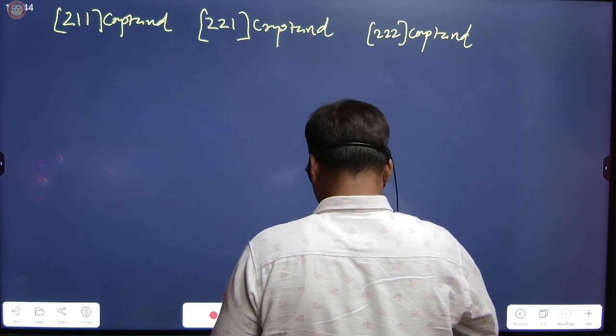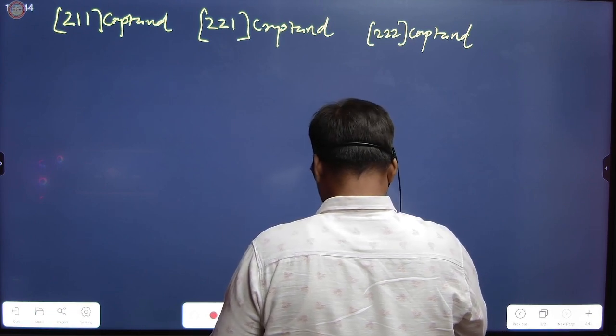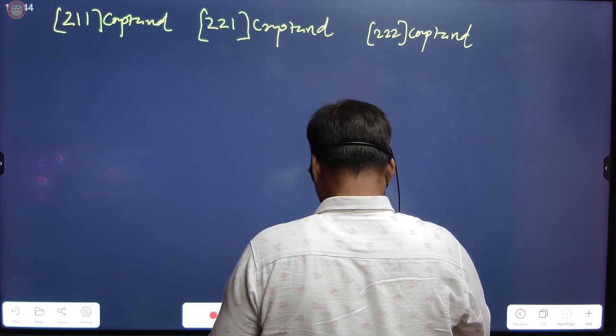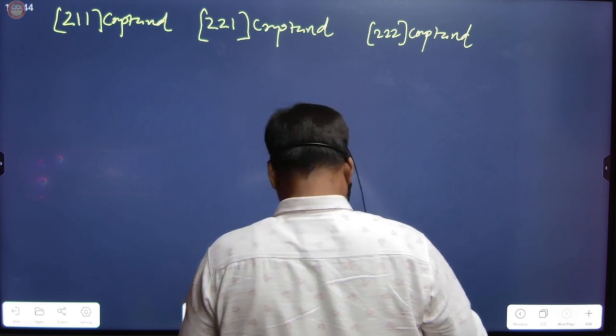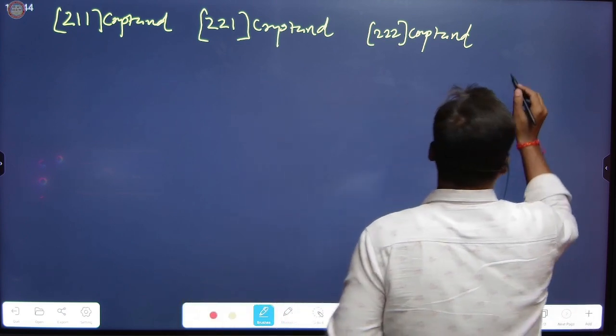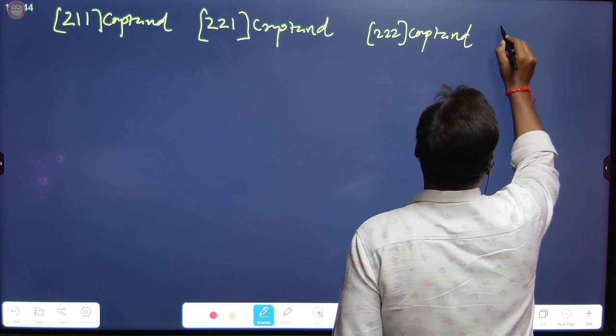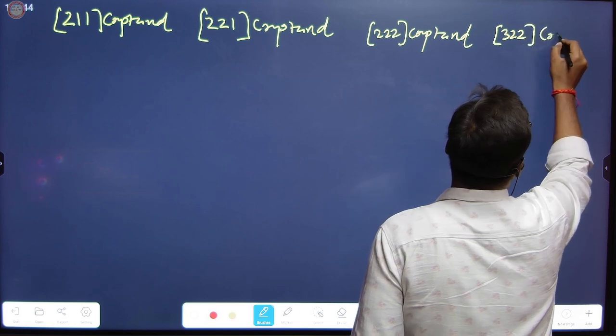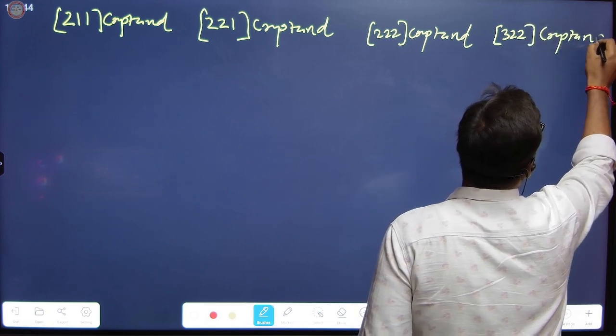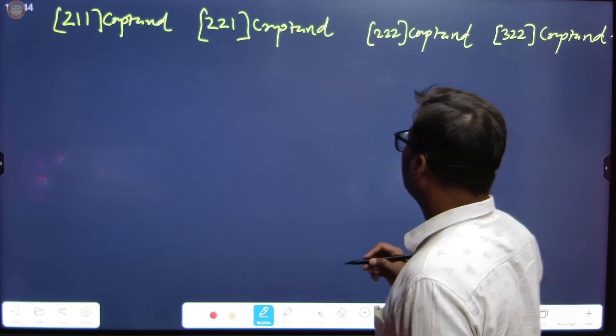So this is the 3 2 cryptand. We have collected the 3 2 cryptand from the reference, right?